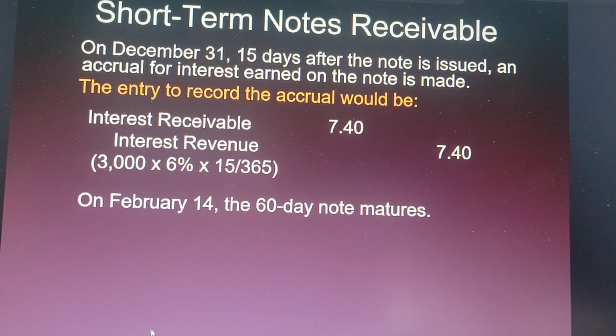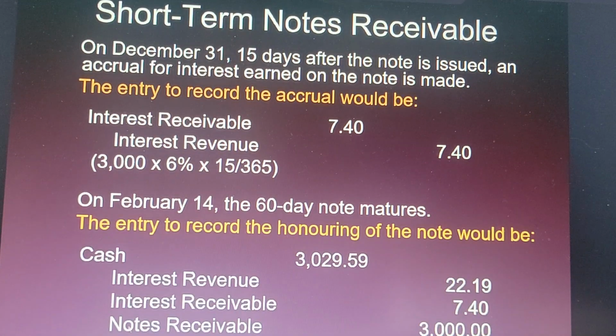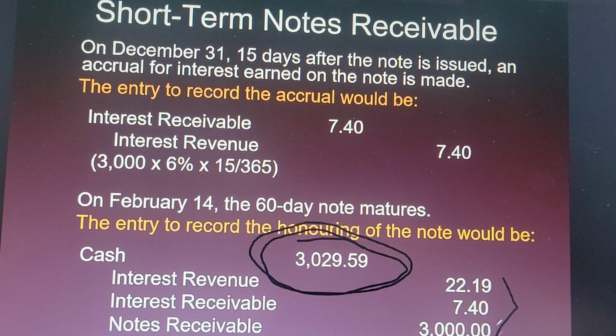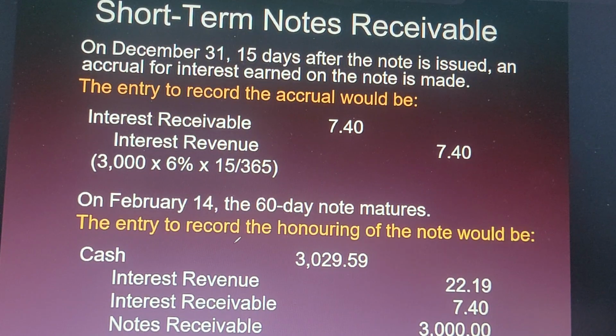Matures means it is due. So I'm receiving cash. Now the cash amount, you leave it until you do all these, you add them, and that's your cash amount. I don't know this until I do these. So your entry is cash, I'm receiving cash. That's my debit. And these are my credit.